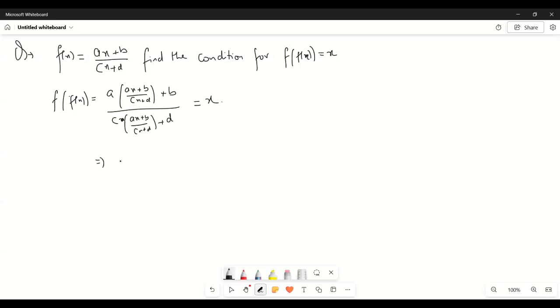So which is like saying a square x plus ab plus bcx plus bd by cx plus d is equal to x times this, acx plus bc plus dcx plus d square divided by cx plus d.